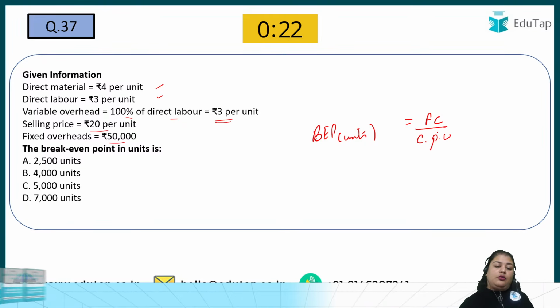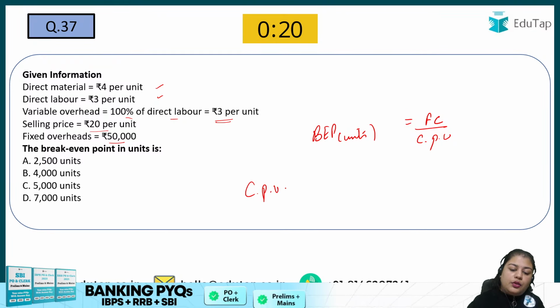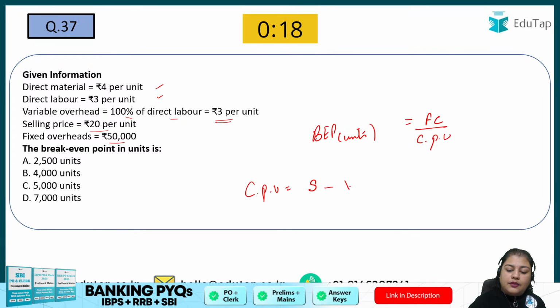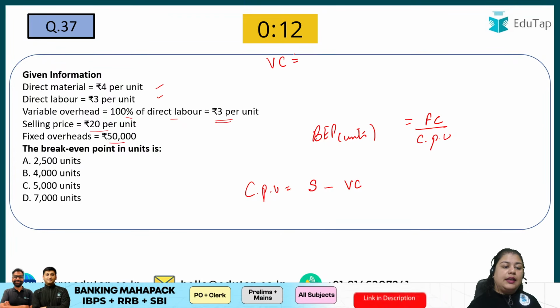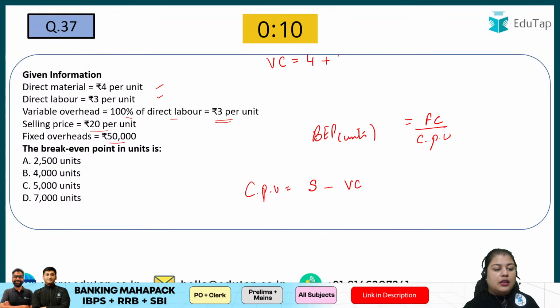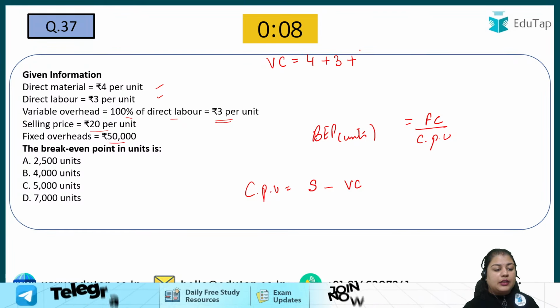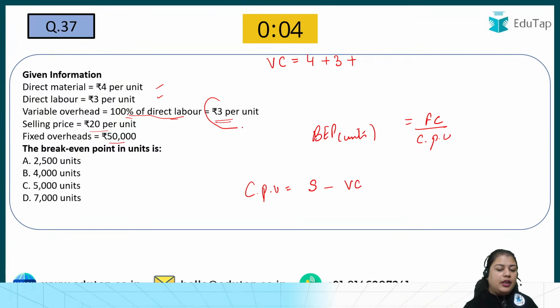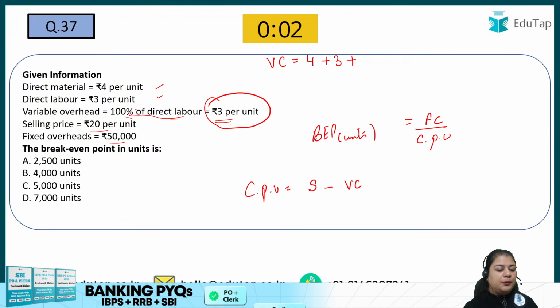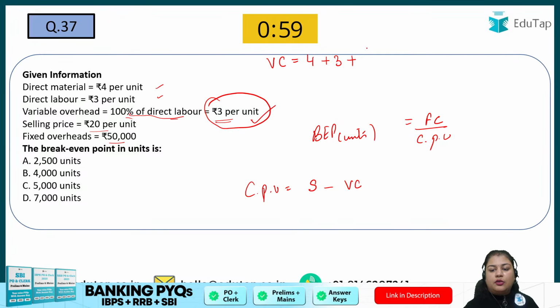So can you help me calculate the contribution per unit? That is sales minus variable cost. But variable cost is not given to us directly, so we have to first find out the variable cost. It is 4 rupees plus 3 rupees, that is direct labor, plus variable overhead, given as 100% of direct labor, that is 100% of 3, so it will be 3.